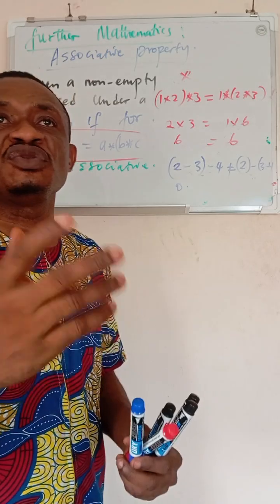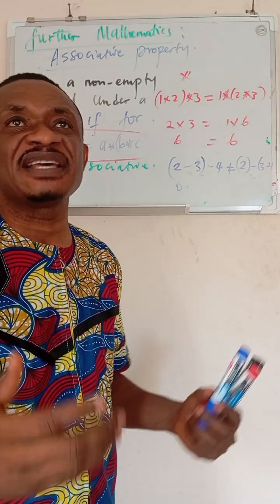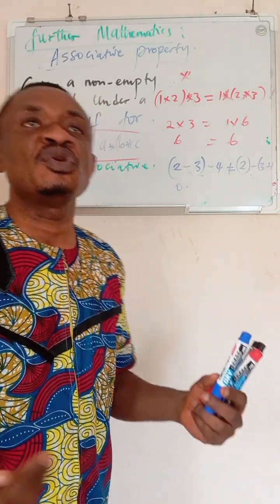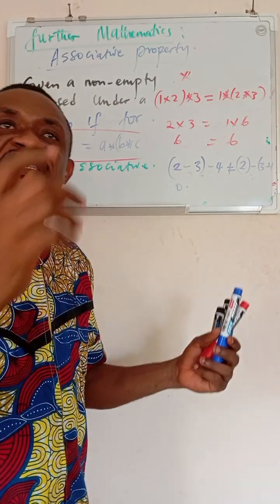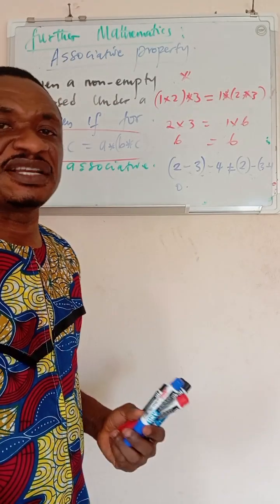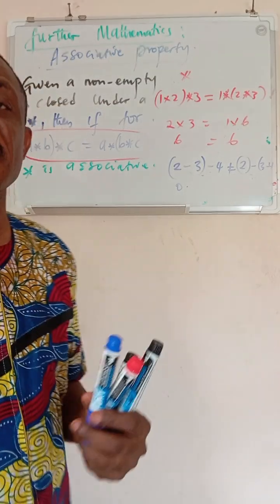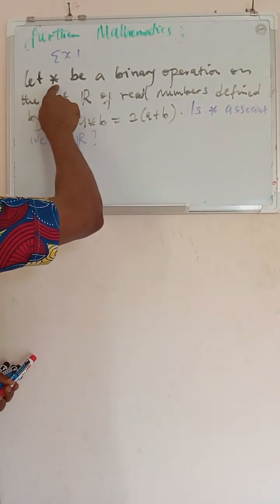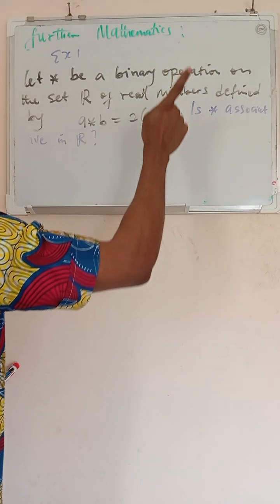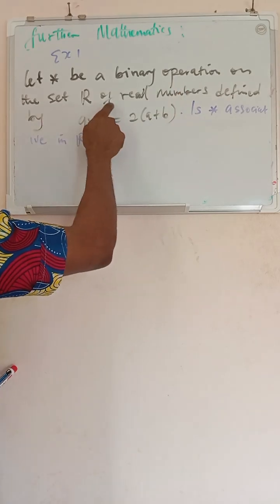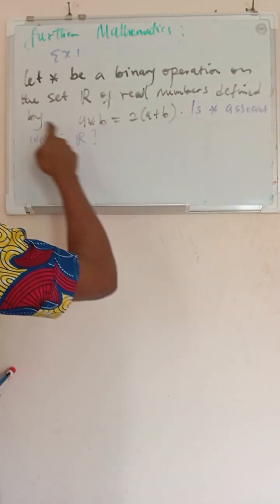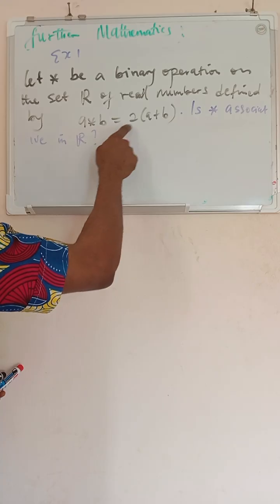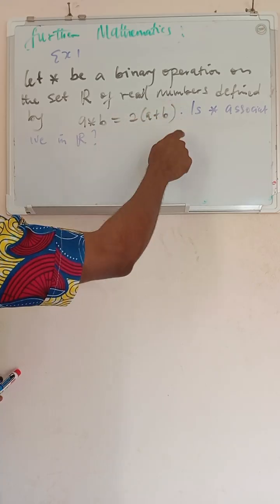If you now go into sets, union of sets must also be associative. Intersection of sets must also be associative. Now let me give you an example. Let this asterisk be a binary operation on the set R of real numbers, defined by A asterisk B equals 2(A plus B).